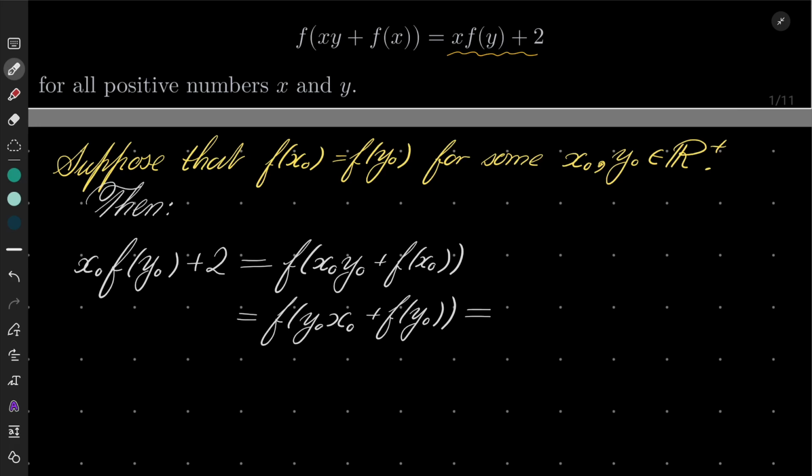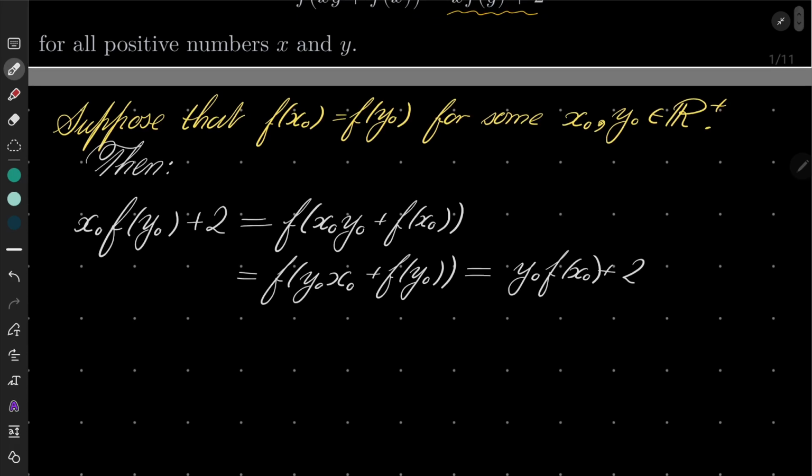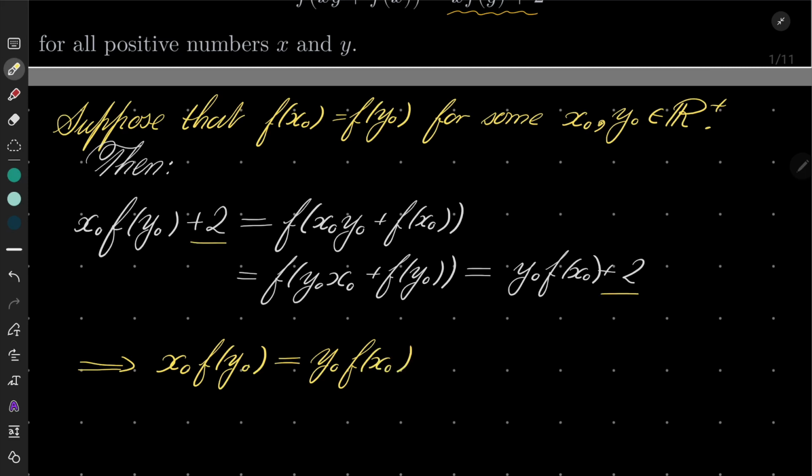So we have the following: y0 times f of x0 plus 2. Okay, very nice. Which means that x0 f of y0 equals y0 f of x0, because here we have plus 2 and here we also have plus 2.